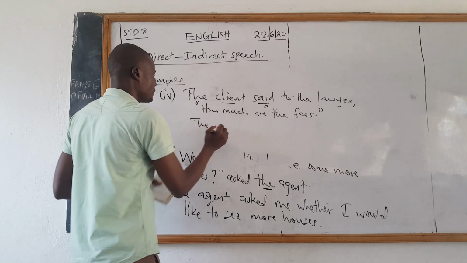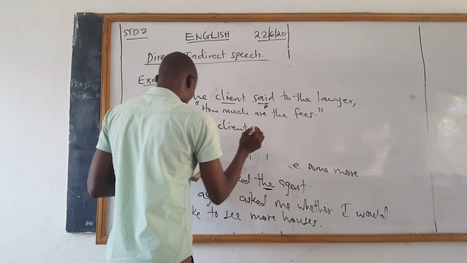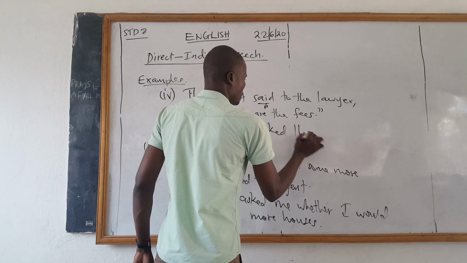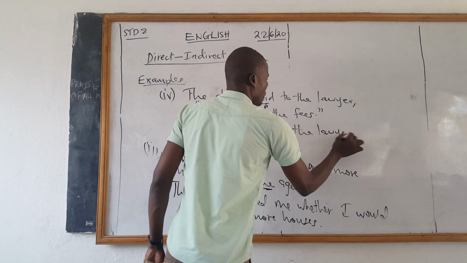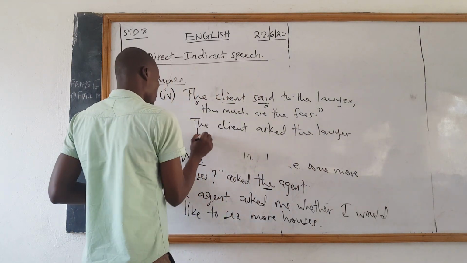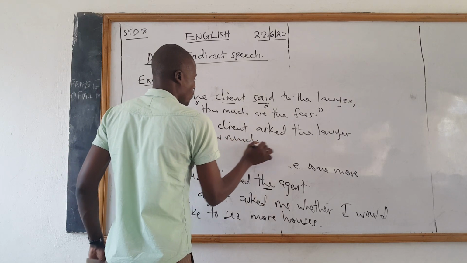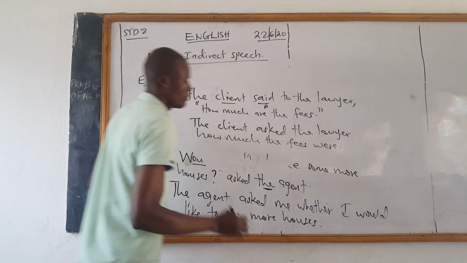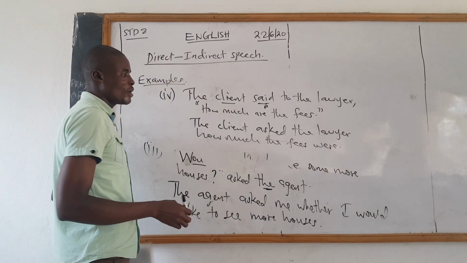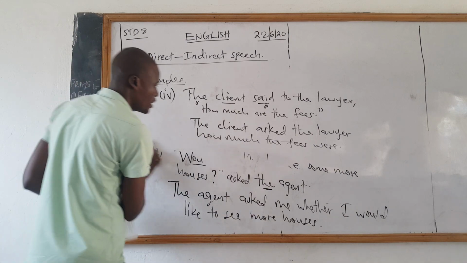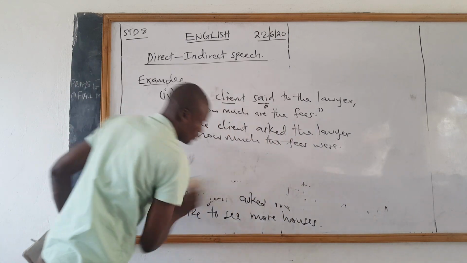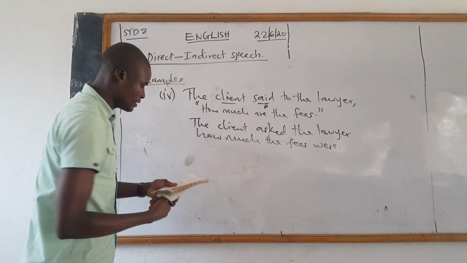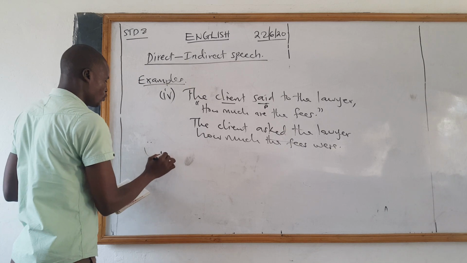The client asked the lawyer how much the fees were. Full stop. He asked how much the fees were so that he could see whether he would manage to pay or not. Then our last example is going to be number 5.